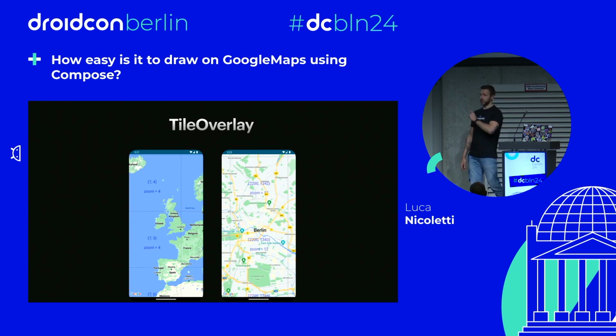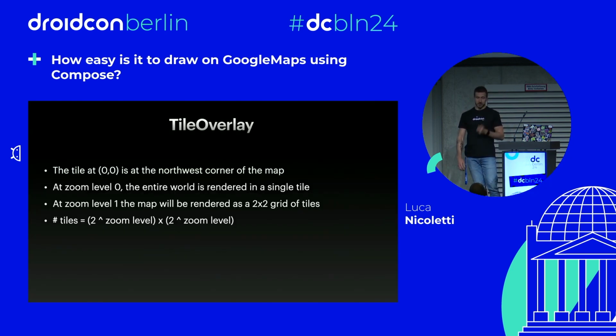As you can see, the coordinates that you get are not coordinates as latitude, longitude. This is because the tile overlay uses the Mercator point. You need to flatten out the map on a 2D plane, and at zoom level 0, the entire world is rendered in a single tile.